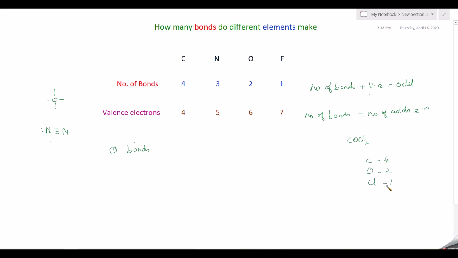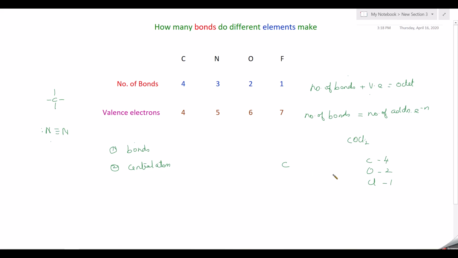Likewise you have to decide the number of bonds that each atom makes. Second, the atom which makes the most bonds is taken as the central atom. So here the carbon will make 4, so that can be taken as the central atom.